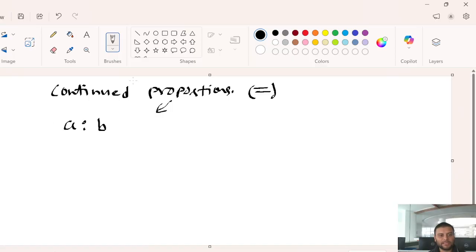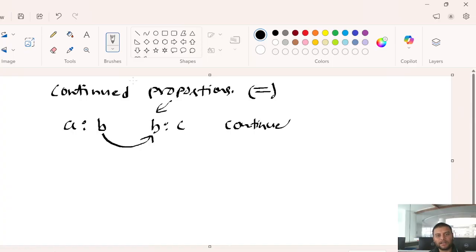You can see A is to B is the first ratio, B is to C is another ratio, where the denominator term of the first ratio is continued as the numerator term of the second ratio. Hence, it is called continued proportion.